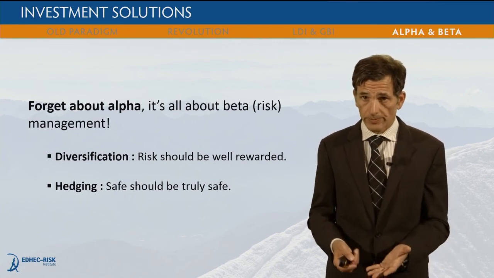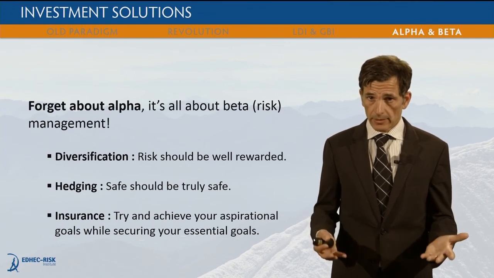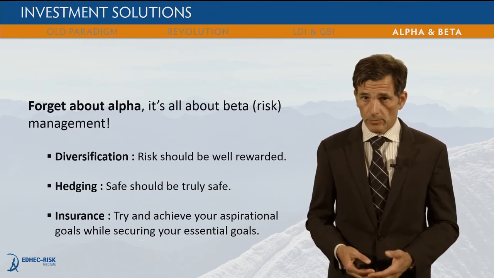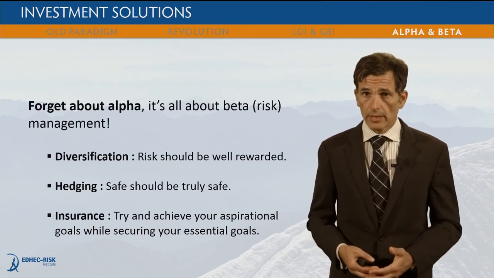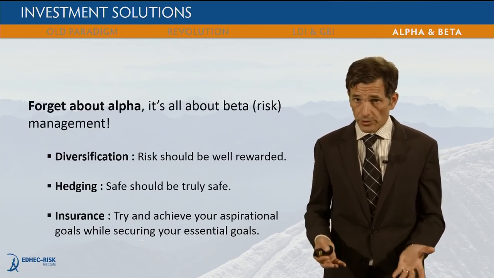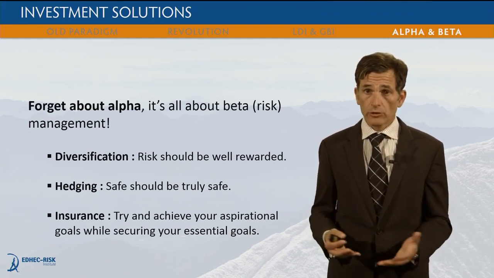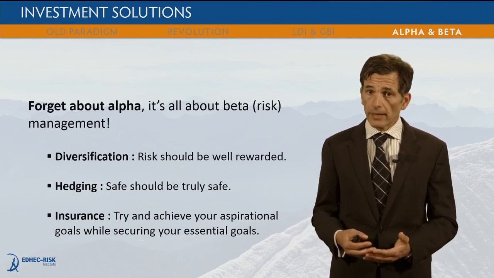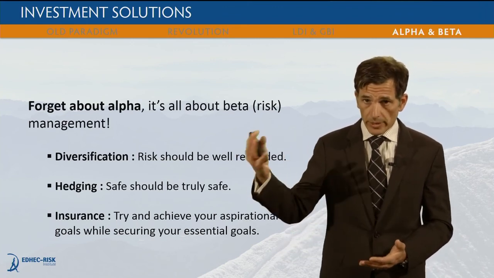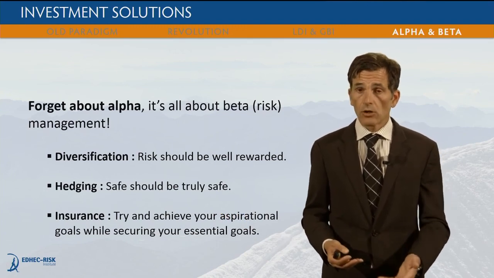And finally, the last form of risk management, which is extremely powerful when it comes to the design of investment solutions, is insurance. Insurance is meant to accomplish something that sounds almost too good to be true, which is providing upside if and when needed, while at the same time protecting on the downside.